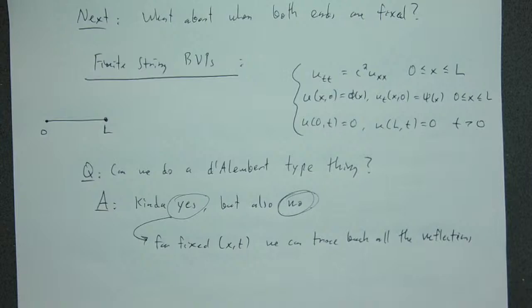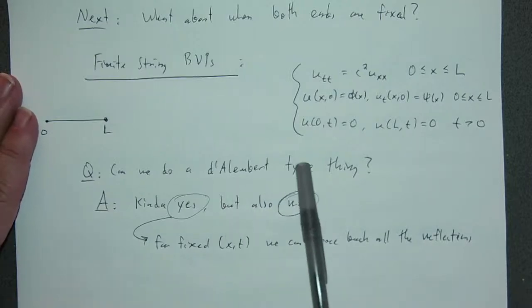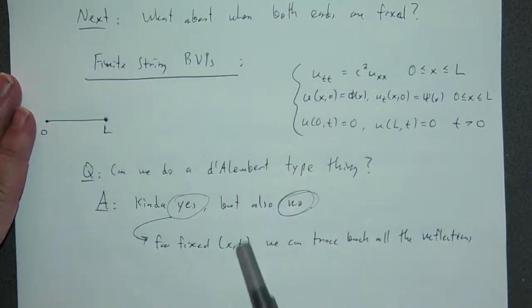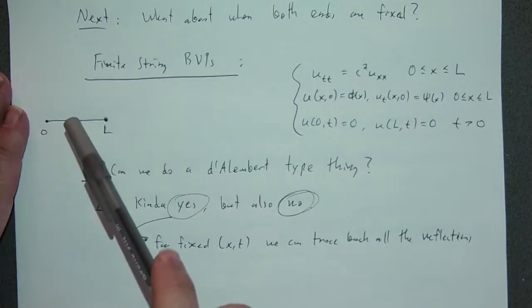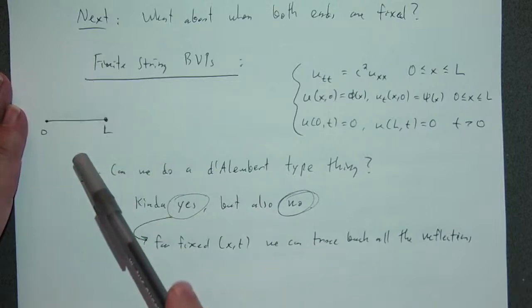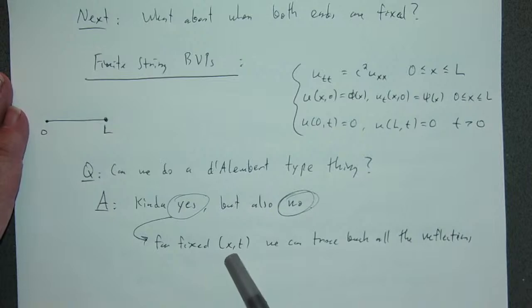And so in order to actually write down a D'Alembert type formula, for a fixed x, t, I would have to trace how many reflections have occurred prior to this point. You'll see how one could go about doing this if you really wanted to.